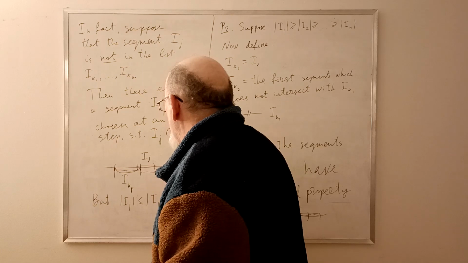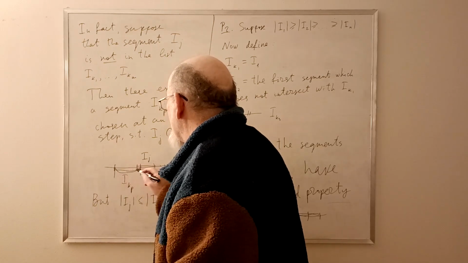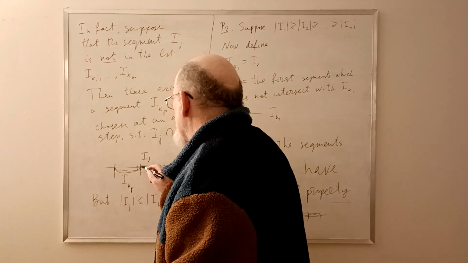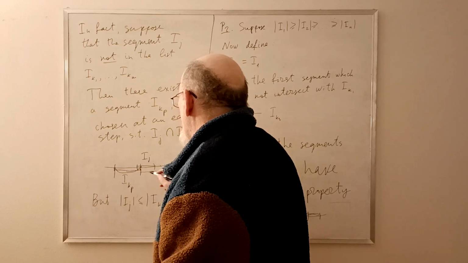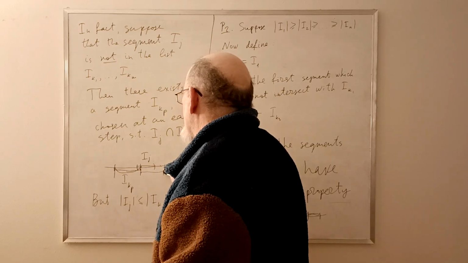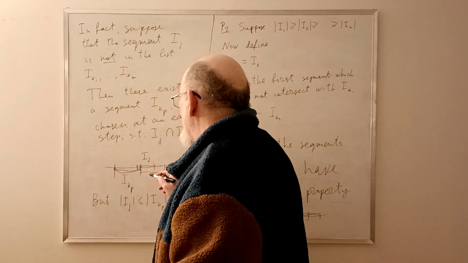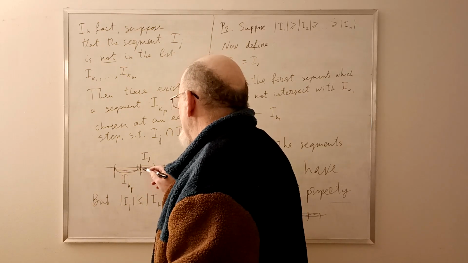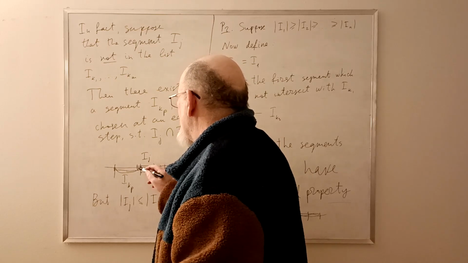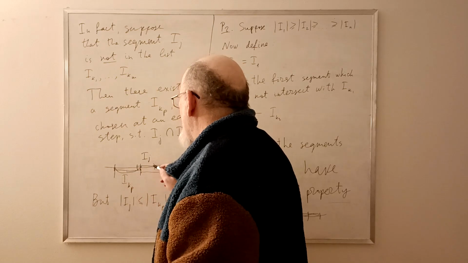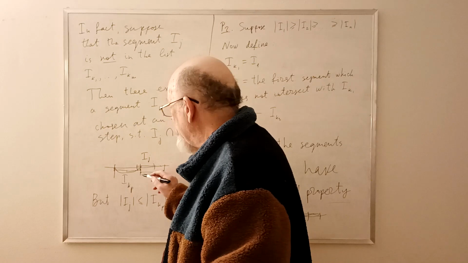This means that if you attach to this end of I KP another segment of length equal to the length of I KP, then this part of Ij, which is beyond I KP, is shorter than I KP, so it will be covered.